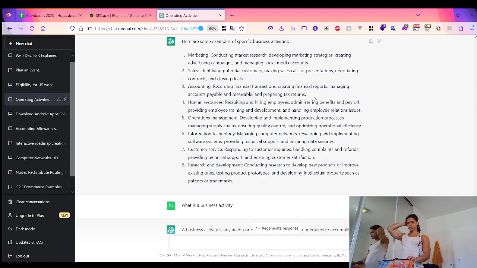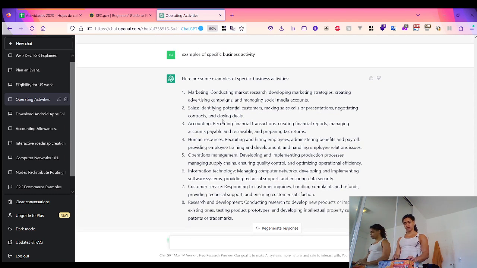By the way, then I look at human resources. Human resources is responsible for recruiting and hiring people, administrating benefits and payroll, providing employee training and development. Most of these companies barely do that unless they have a huge cash inflow.